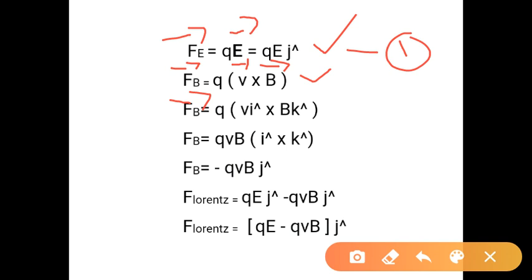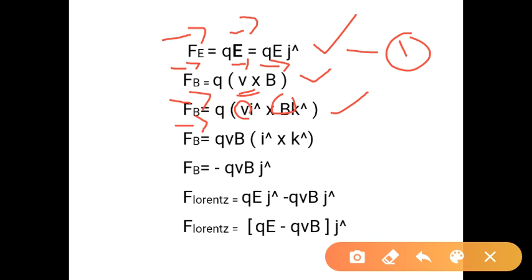Vector Fb equal to Q into vector V, that is v i cap, cross vector B, that is B k cap. Here this v and this B are magnitudes. Therefore we can take them outside the cross product. Therefore we can write vector Fb equal to QvB i cap cross k cap.